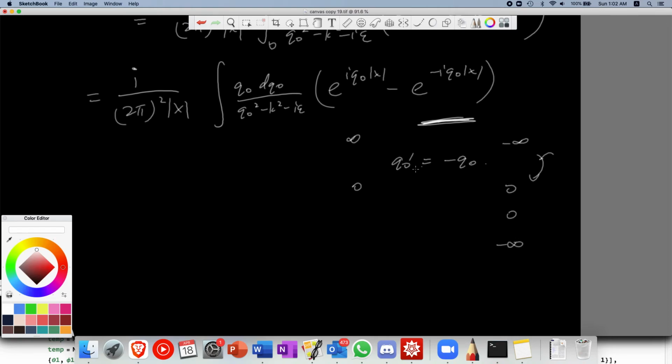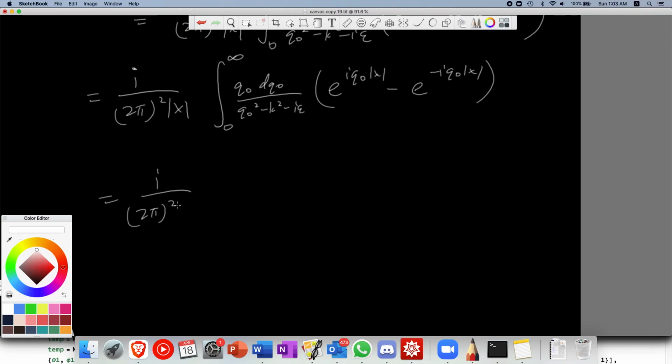What do we obtain in the end? Instead of integrating from 0 to infinity, you just integrate one of them from minus infinity to infinity, q naught dq naught over q naught squared minus k squared minus I epsilon e to the power of I q naught x.